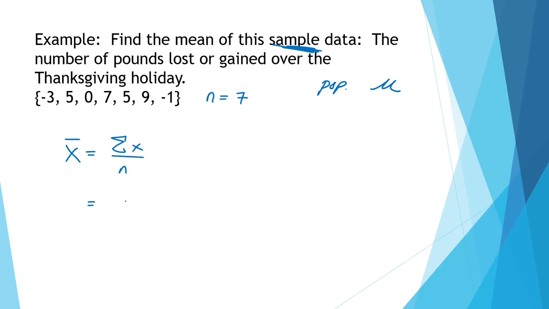So we'll take negative 3 plus 5 plus 0 plus 7 plus 5 plus 9 minus 1 and divide that by 7.